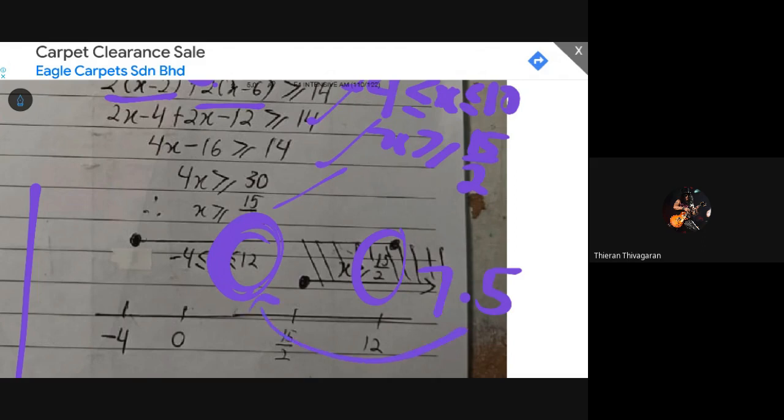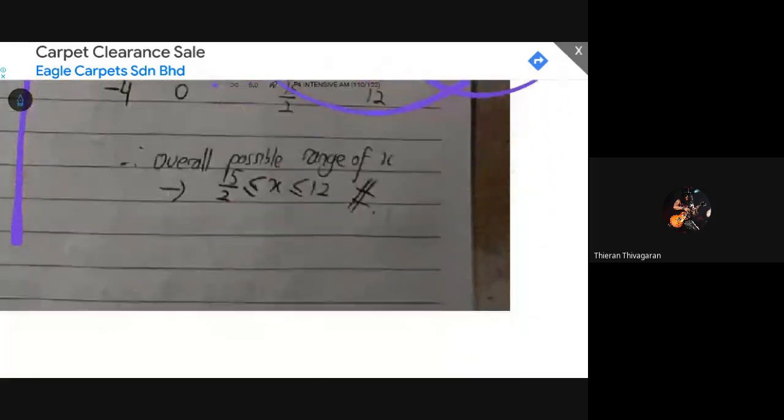So can you all teka now, apa julat kamu? Macam mana nak tulis julat kamu sekarang? 7.5 up till 12. Yes, Sherilyn, correct. Correct guys, betul. Kamu dah dapat. Very good. Okay, yeah. So this will be your answer.